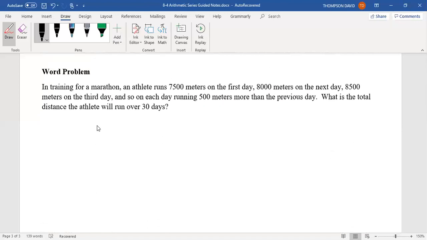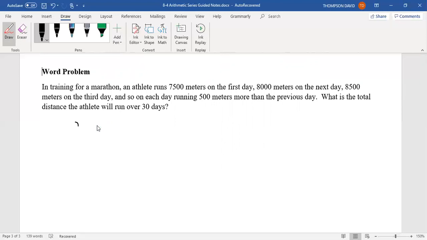The last example I want to do is a word problem. So here's our situation. In training for a marathon, an athlete runs 7,500 meters on the first day, 8,000 meters on the next day, 8,500 meters on the third day, and so on, each day running 500 meters more than the previous day. What's the total distance the athlete will run over 30 days? So first we need to figure out how many meters he ran on the 30th day.